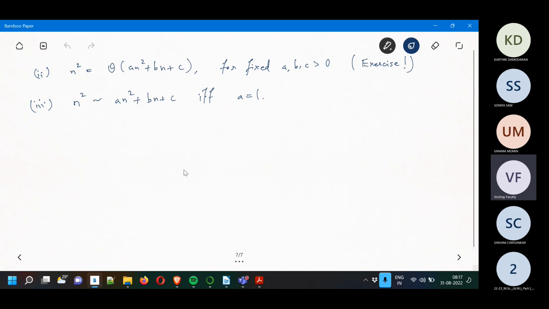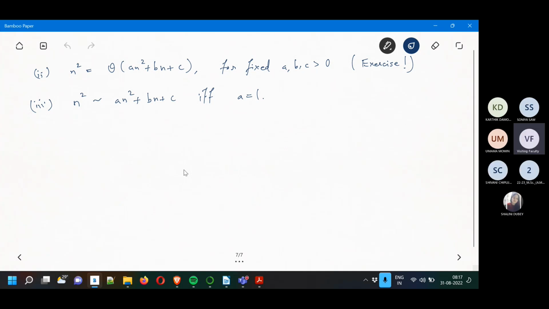It might be easier to solve the limit by taking g of n by f of n instead of taking f of n by g of n, that kind of thing. So you can check. It does not matter which way you do. As long as the limit stays 1, the tilde condition is true. Doesn't matter how you take it.